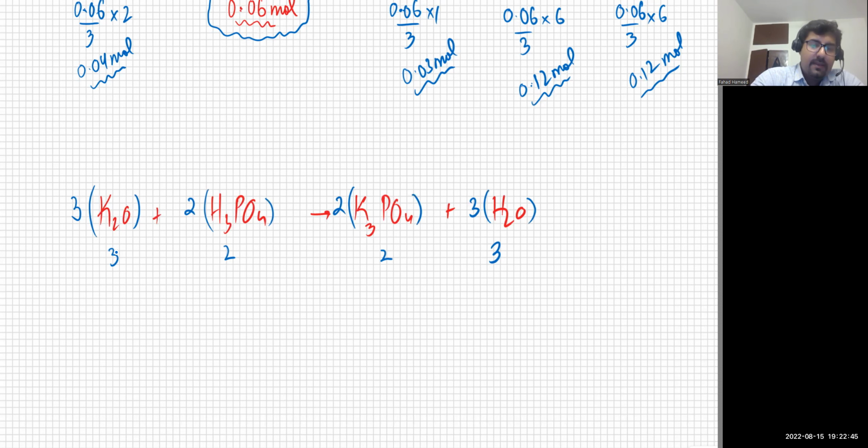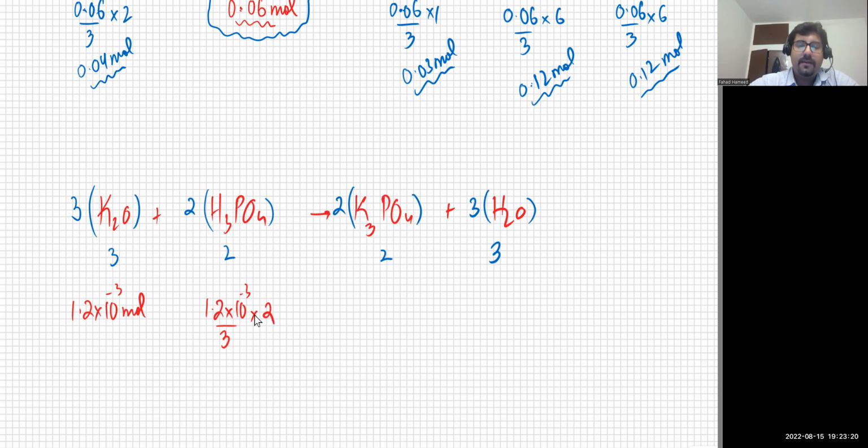Now we have to be quick. Sometimes the moles are going to be in standard form as well. So let's say they've already given me 1.2 times 10 power minus 3 moles of this. So how many moles of phosphoric acid will react with it? It's going to be 1.2 times 10 power minus 3 divided by 3 times 2. So this thing gets divided by 3 and then multiplied by 2.